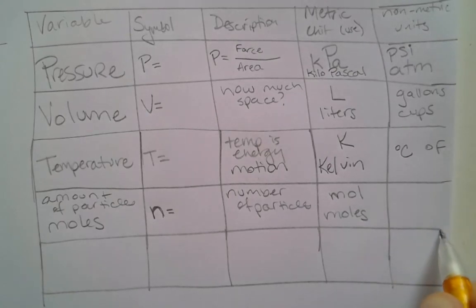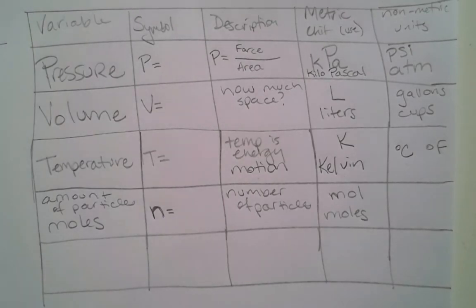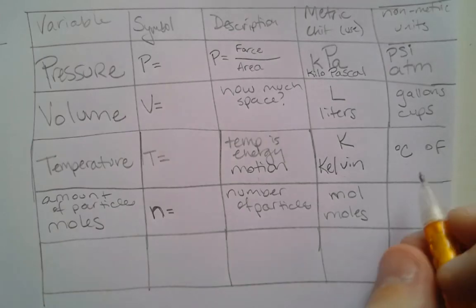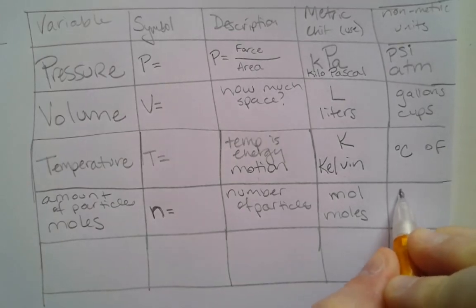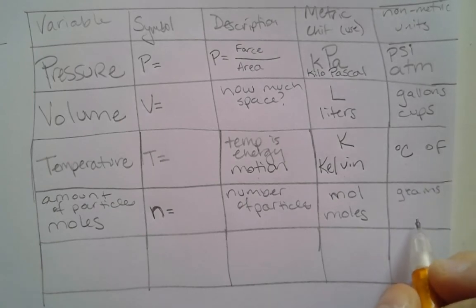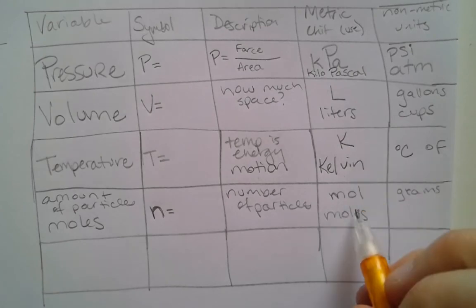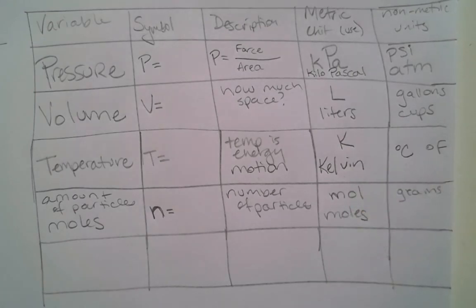Non-metric units, I mean, we could count the actual number of particles with Avogadro's number, which is 6.022 times 10 to the 23rd. It's too many. Don't deal with it. You do, however, know how to convert from grams to moles. You know how to convert from liters to moles, that was your volume conversion from last unit, at a gas at standard pressure and temperature.